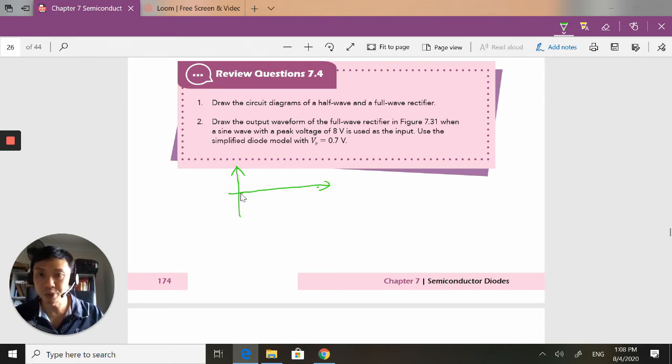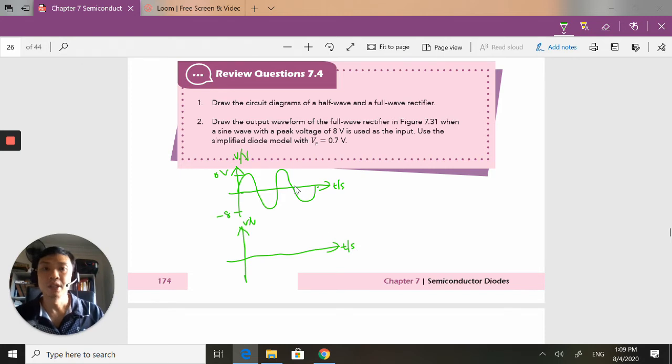The input signal is going to be an AC signal of 8 volts and minus 8 volts here. So this is my V over here. And then I want to see what my output is going to be like. So this is my output, same thing V, and this is your time.